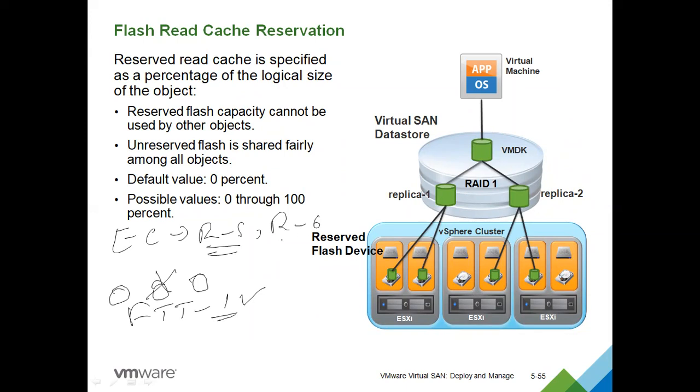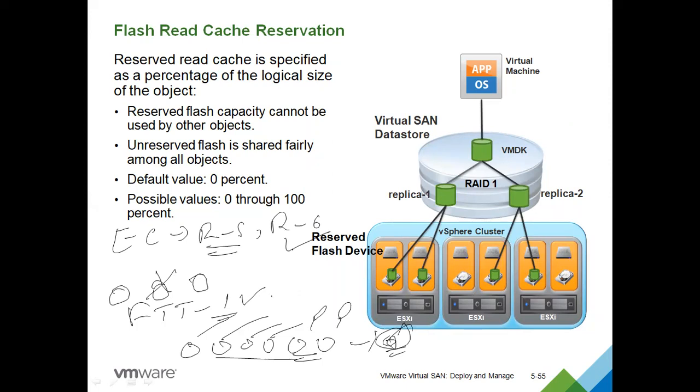But if we use erasure coding as RAID 6, it's going to create a minimum of 4 for data and 2 for failure tolerance. It means data and parity. So configuring FTT2 with RAID 6 erasure coding, we require a minimum of 6 nodes, right?